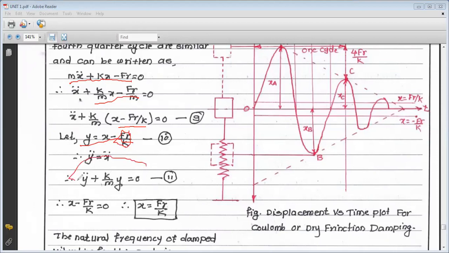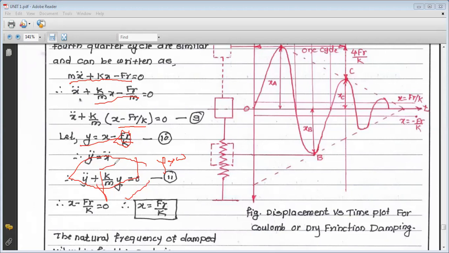Again, this is the simple harmonic motion equation, in terms of which y should be 0. So y is 0 means x minus FR upon k is equals to 0. So we get the value of x is equals to FR upon k. And again the natural frequency is the same, that is square root of k by m. This is your natural frequency.